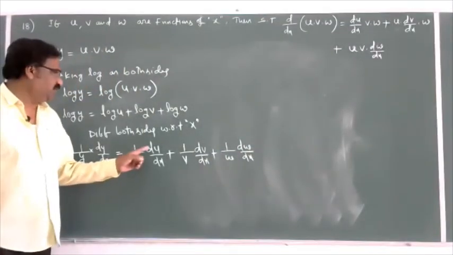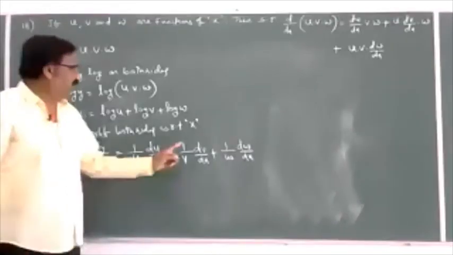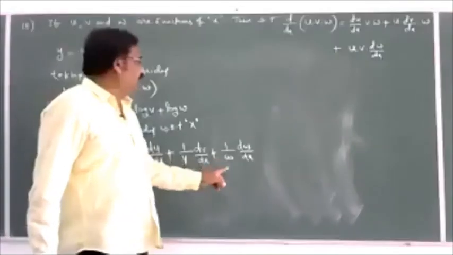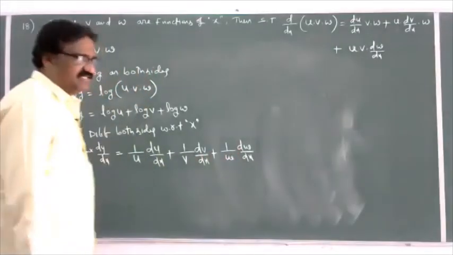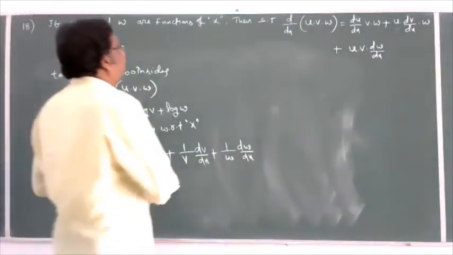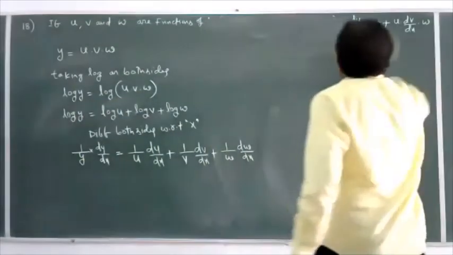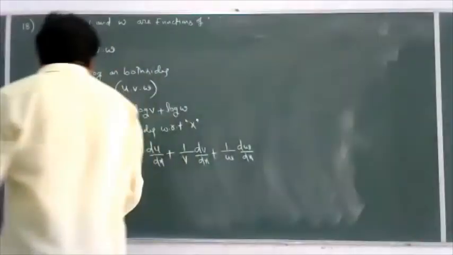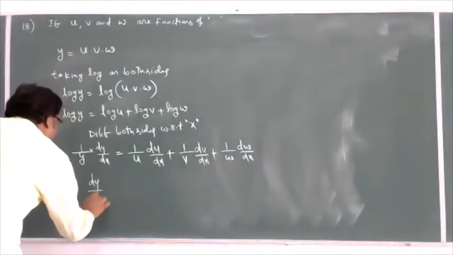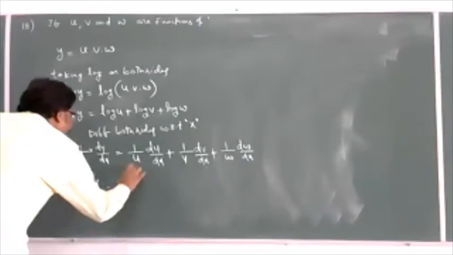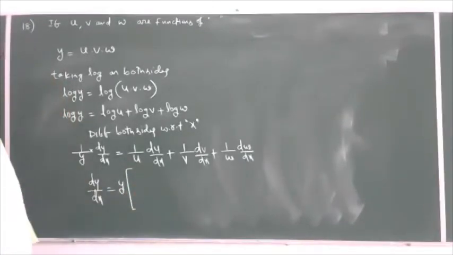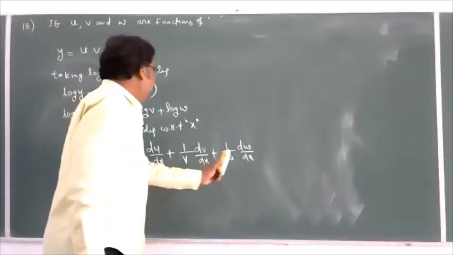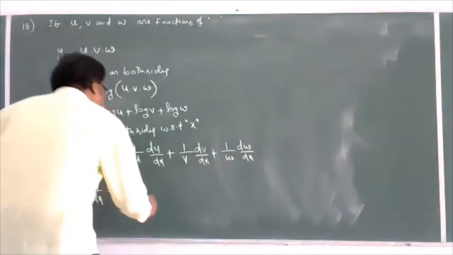1 by u into du by dx plus 1 by v into dv by dx plus 1 by w into dw by dx. So here dy by dx is equal to y into, here you take u, v, w as the LCM.